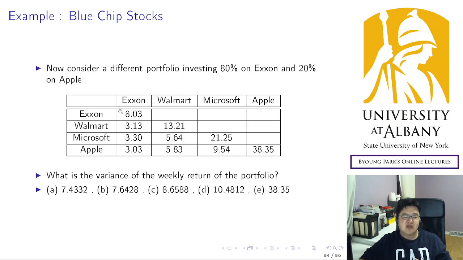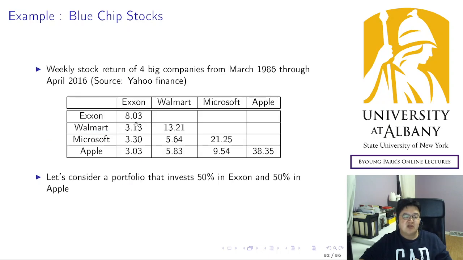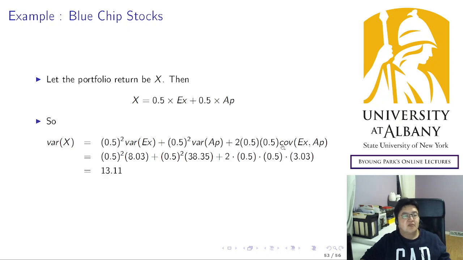It's greater than Exxon, but much smaller than Apple. So by diversifying your investment, the risk is reduced a lot. Even if it was 50-50, the resulting variance is closer to the lower side rather than the greater side, right?